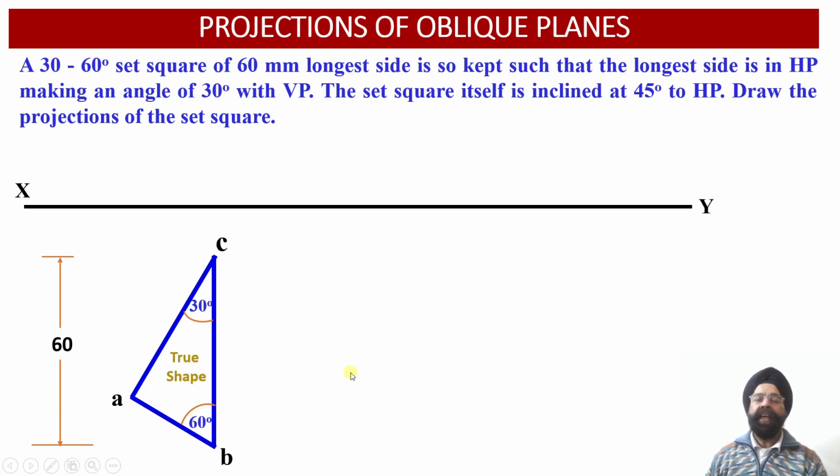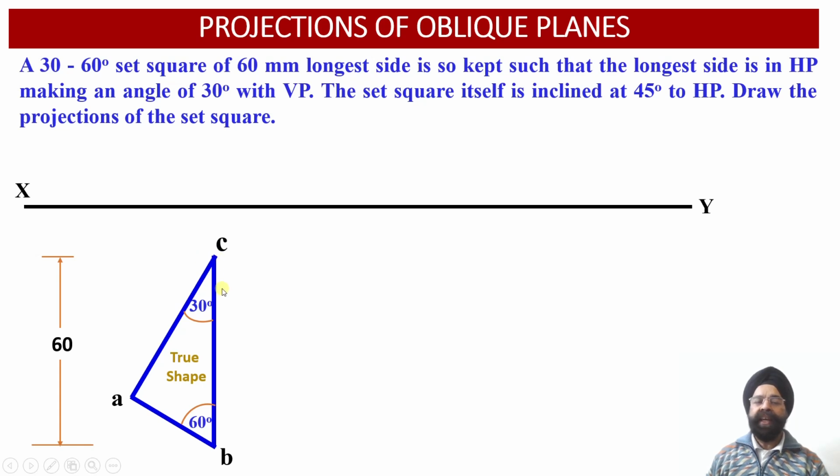This way we are able to obtain the true shape of the 30-60 set square on the horizontal plane, right? We can call it a 30-60 set square, or a triangular lamina. So we have obtained the true shape of this lamina in the top view projections over here.